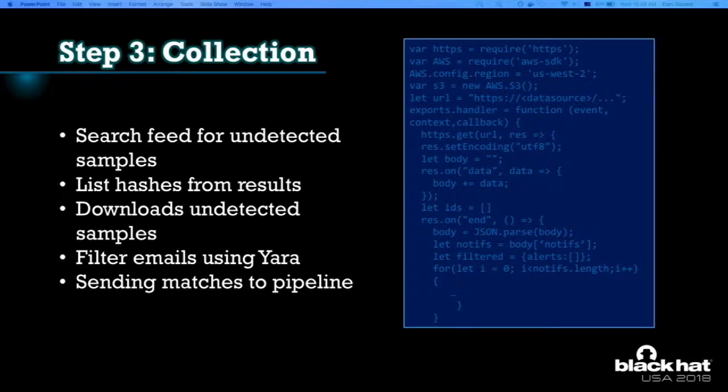We take these feeds, we list the hashes from the emails, what we think is emails, and then we download them, get the Yara rules to filter them out, try to understand that this is really what we are looking for. We didn't get into very long Yara rules because this was just an example. And sending the matches to the pipeline. What is the pipeline? We'll see in just a bit.